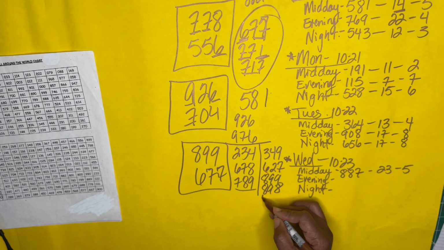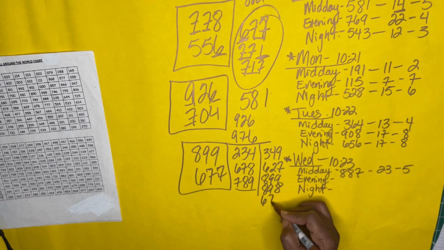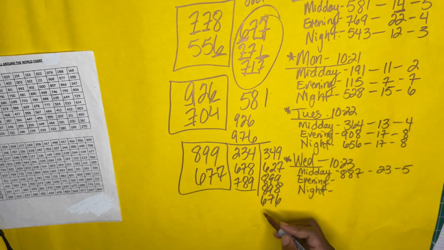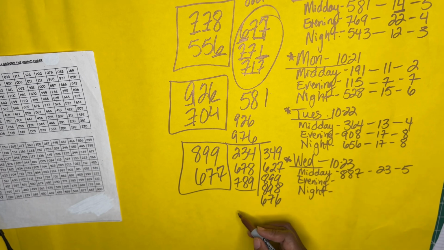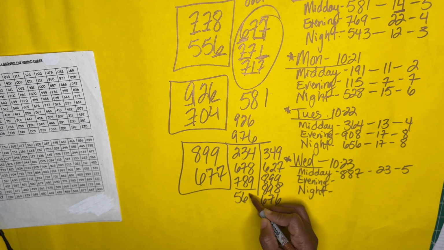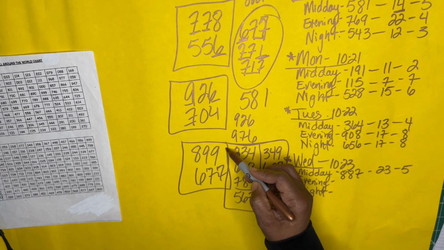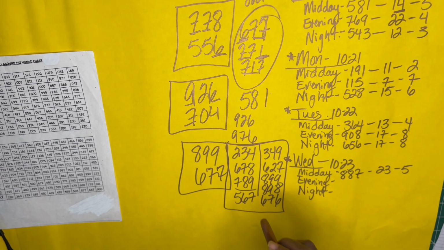Again, that's fallen, 676, which fell on Saturday. I would also do 1 off of that. That would be the 567. So 567. These would be the numbers I would play for the evening, as well as the night number. But focus on those numbers and see if you can hit.